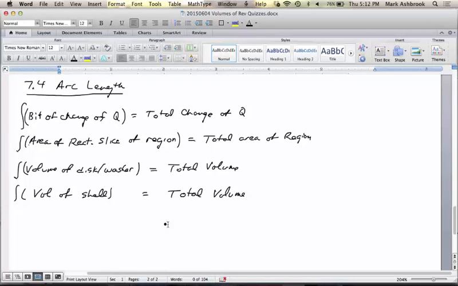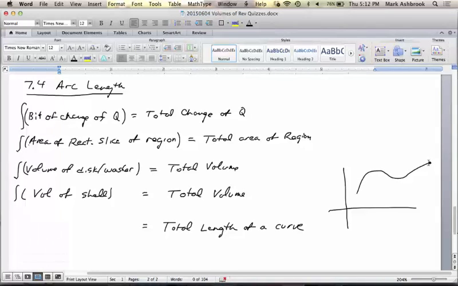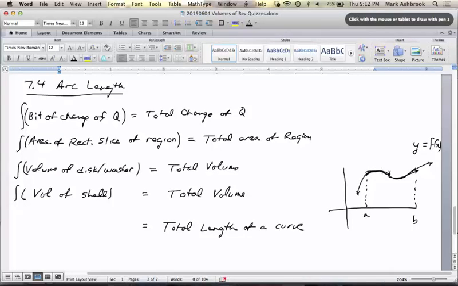So now if we want to find the length of a curve, for instance, say this is some y equals f of x, some function, and we want to get that length right there, say from there to there.